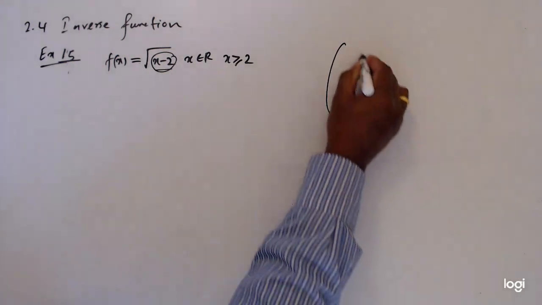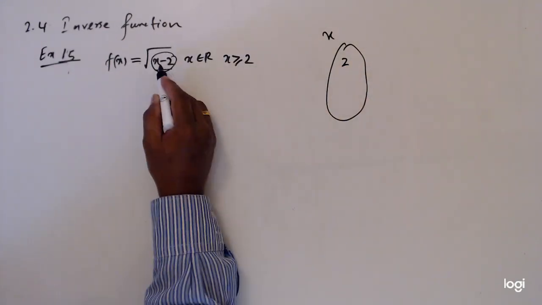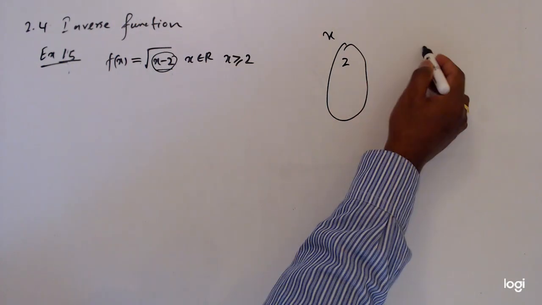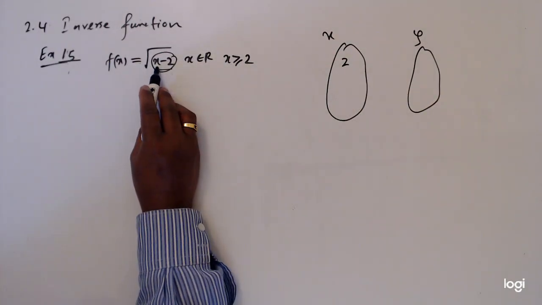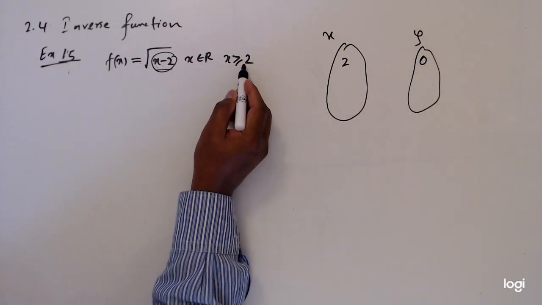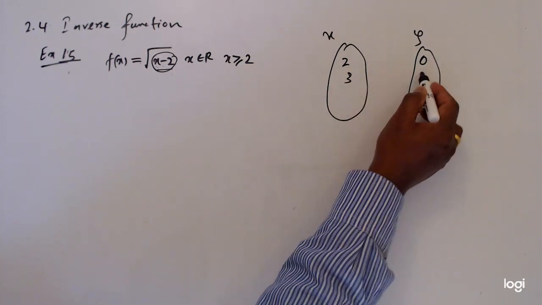So then you have to put x values, and the minimum value you can put is 2. And when you put 2, your y value should be 0. Yes, 2 minus 2 is 0. Then when you put 3, 3 minus 2 is 1.